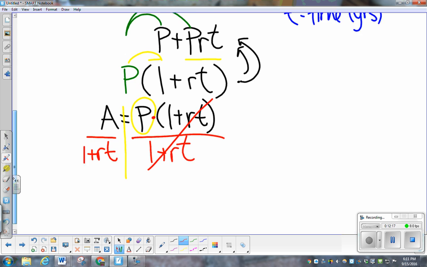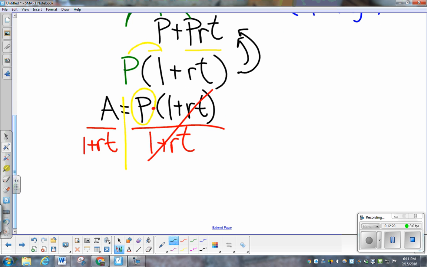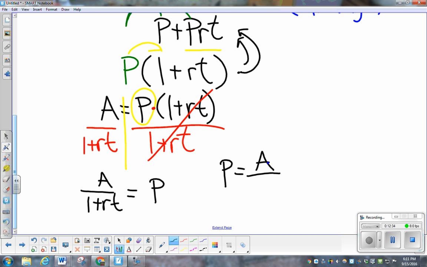So that whole group there cancels out, and we're left with P equals A divided by 1 plus RT. I'm going to rewrite that a little nicer with P on the left side. So the principal is equal to the amount divided by 1 plus the rate times the time.